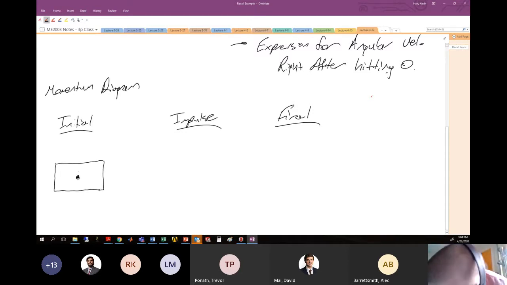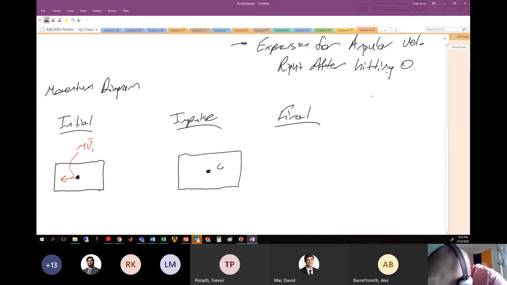Here's our center of gravity. This box has a mass of m, and it's only moving to the left. So our initial momentum looks something like this, where we have mv1. All right. We have impulses on this particular guy. I guess we should maybe label some of these points, make our life a little easier later. Here's G, the center of gravity. Here is O. Same thing over here. Here's G. Here's O.